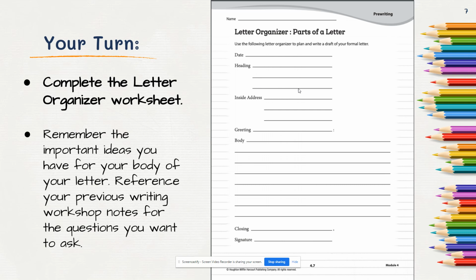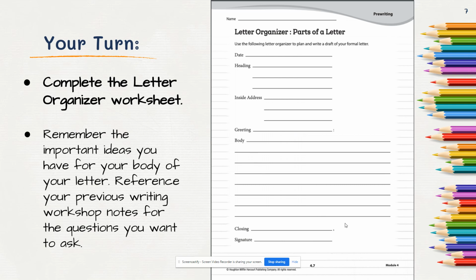Then you will include the heading, okay? This will be the school's name and the school's address from where you're sending the letter. The inside address will include the place that you're sending it to. It can be a real or made up museum or historical society, and their address. Then your greeting or salutation will go here.